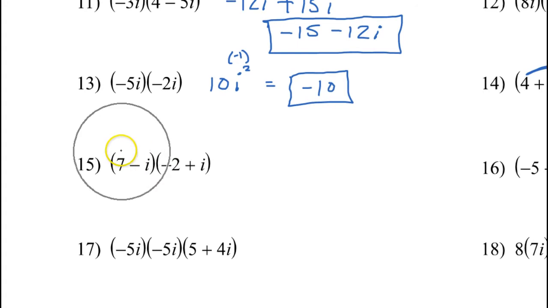Okay, similarly, again with the double distributive property. So I'm going to have 7 times negative 2, so that's negative 14. And then 7 times i is 7i.